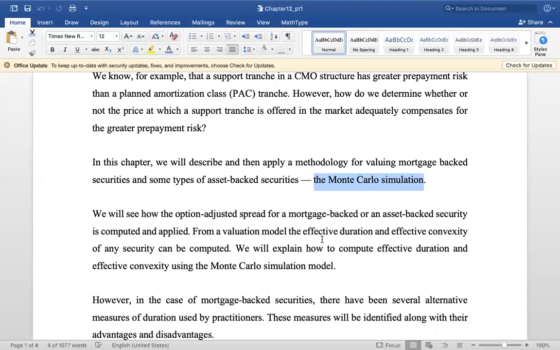So remember the option adjusted spread we discussed in the previous chapter, specifically in chapter number 6. From a valuation model, the effective duration and effective convexity of any security can also be computed. We will also see how to compute that from a Monte Carlo simulation.